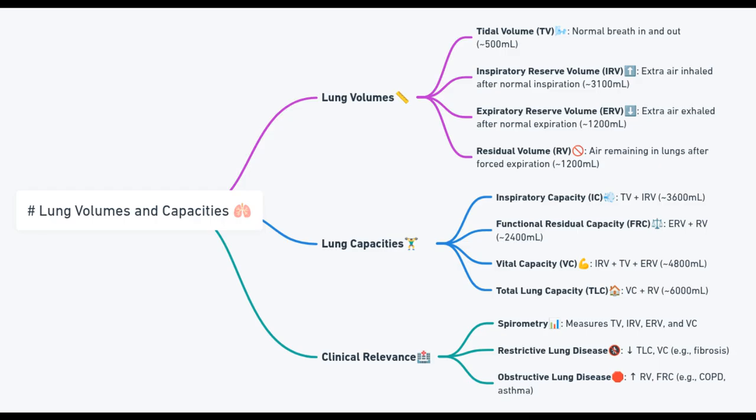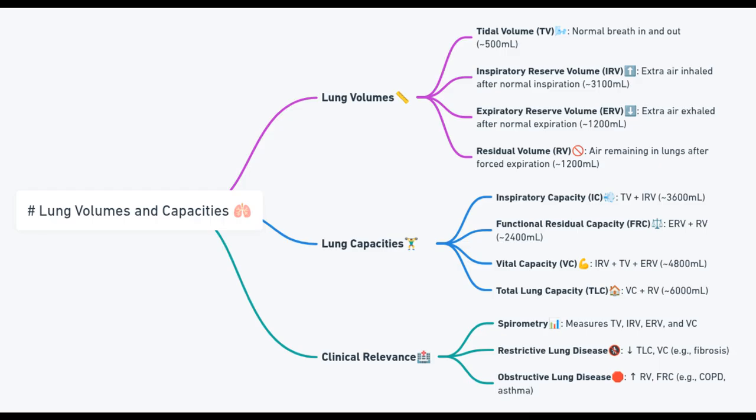Alright, so with the factors affecting lung volumes or capacities, the main factors influencing lung volumes are age, sex, height, and ethnicity. And with sex, generally the volumes are greater in males than in females, and with age, extremes of age have lower lung volumes.